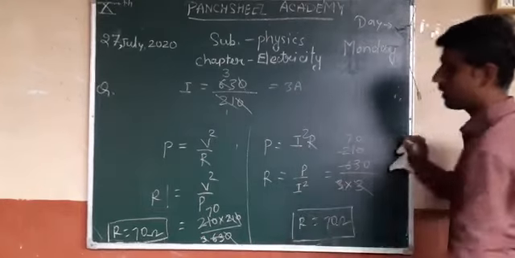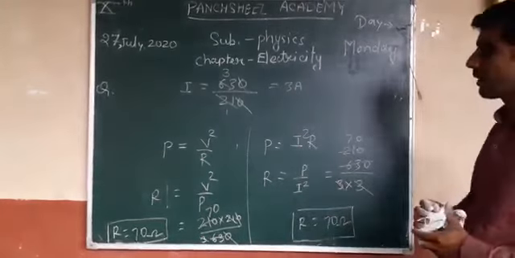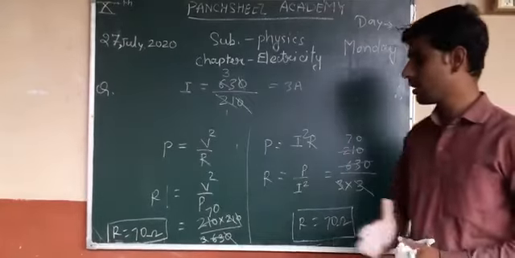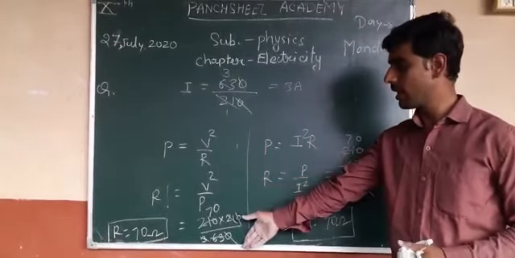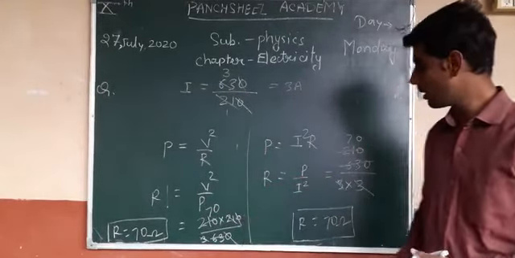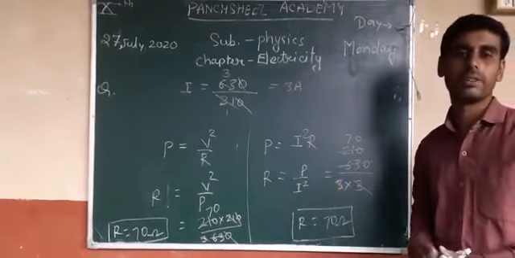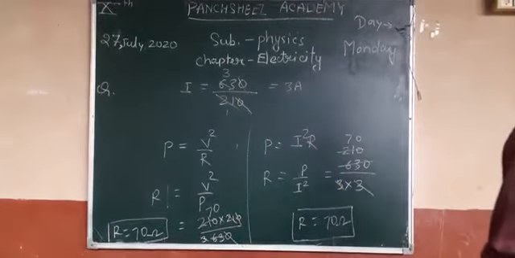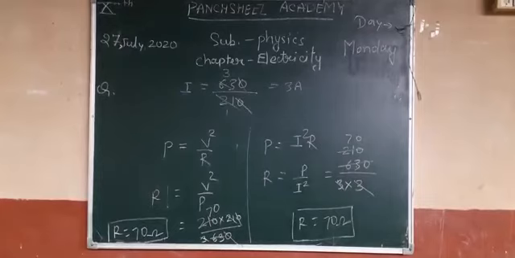So we have two formulas for the calculation of electrical resistance, either R equals V square by P or P upon I square. Whichever is easiest, you can calculate easily.